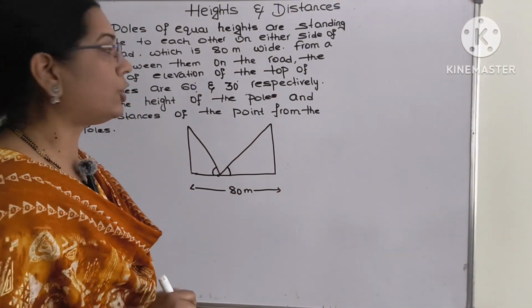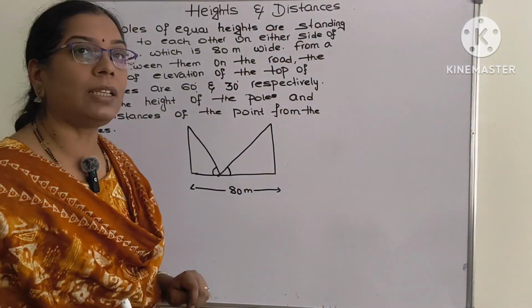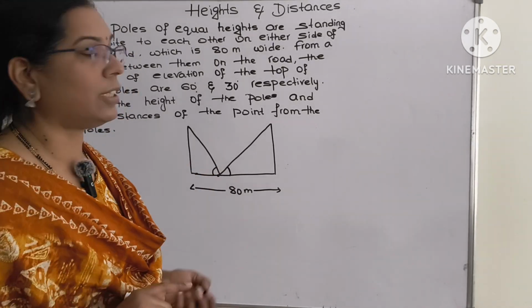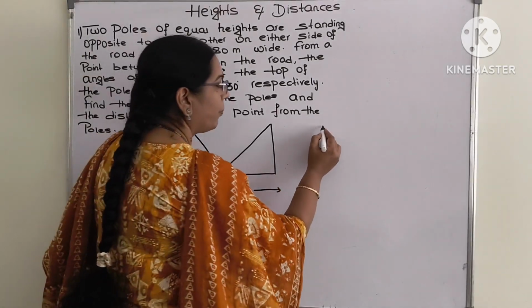Next is the tricky question. Two angles are there, 60 and 30 degrees. Which will be 60 degrees and which will be 30 degrees? Look at this.